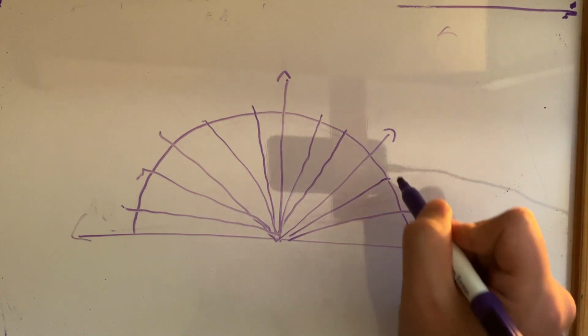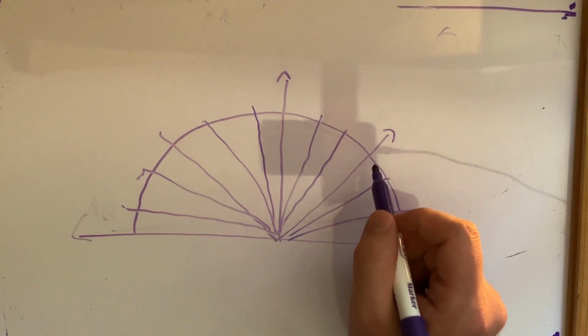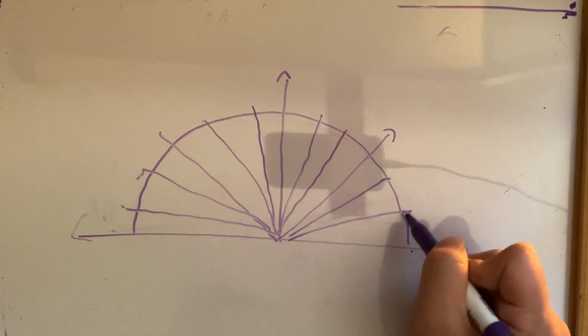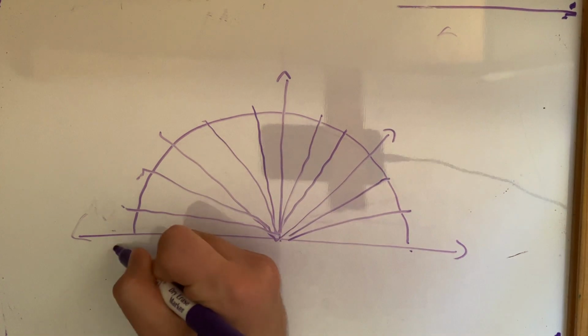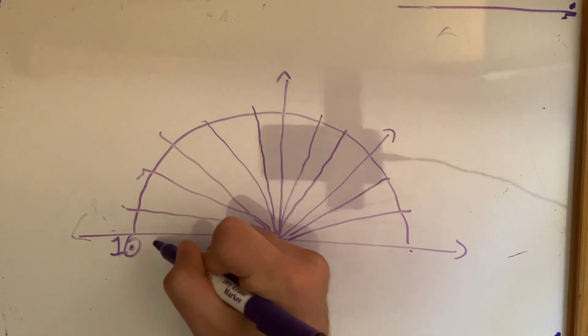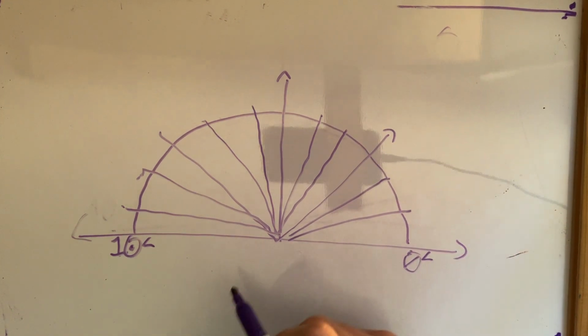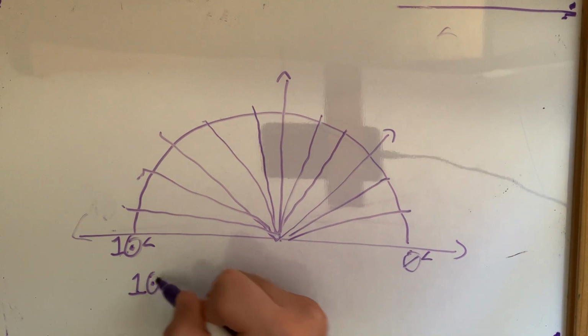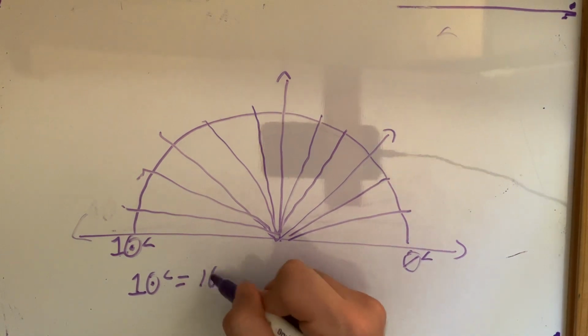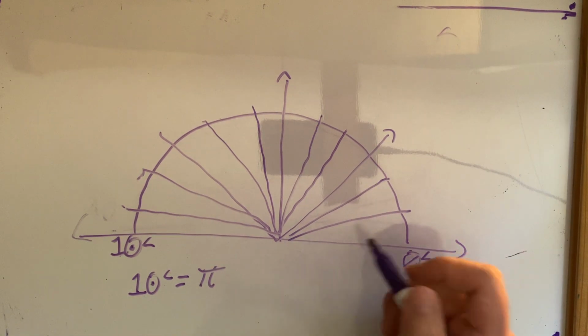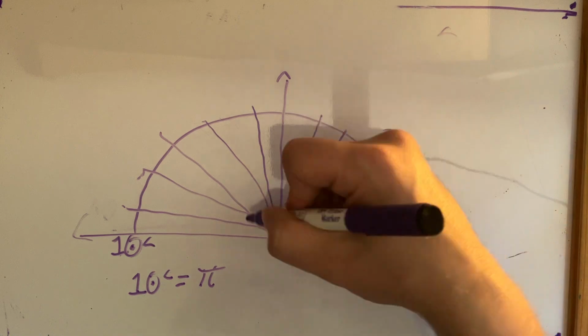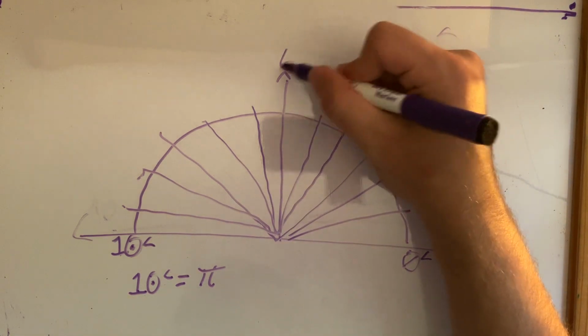So there are 12 of these 15-degree angles in base 10. What he basically did was make half a circle 12. A 12 angle. This is a 0 angle here. So a 12 angle equals pi. That's going to come in handy here in a little bit. But if that's a 12 angle, what's half? 6 angle.